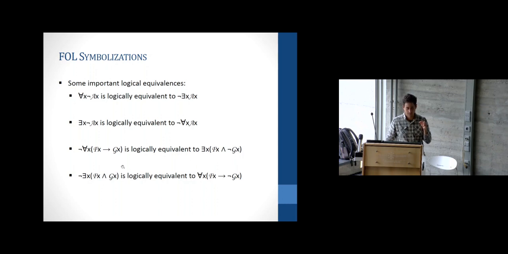Okay? And likewise, it's not true that there is someone who is both an f and a g is logically equivalent to saying that for everything, if that thing is an f, then it's not going to be a g. Okay? For now, try to remember them, and as we go along, they will actually make sense. Okay?